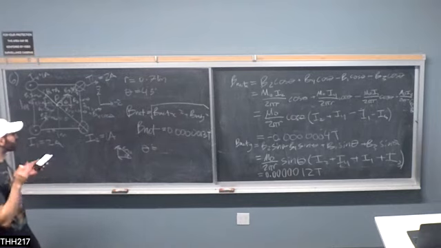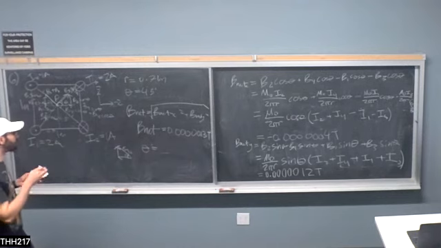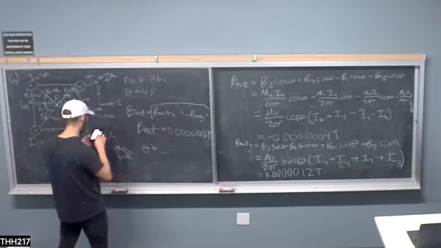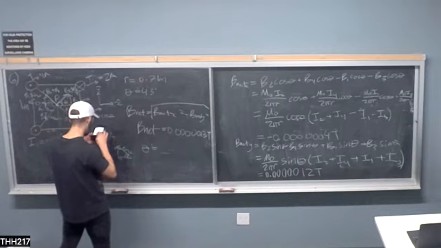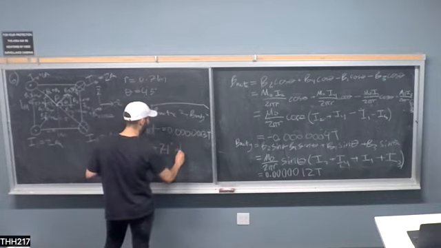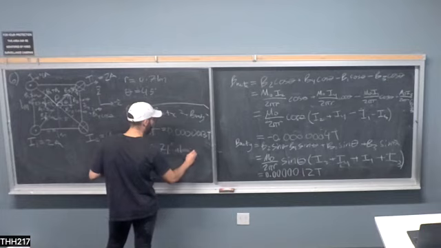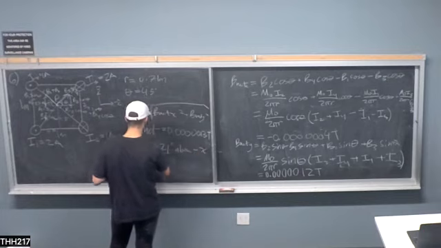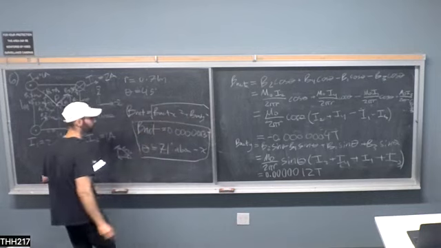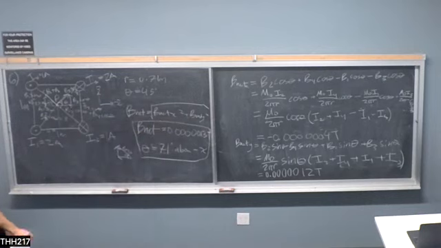So therefore, theta prime is equal to 71 degrees above the minus x axis. So that's part A.